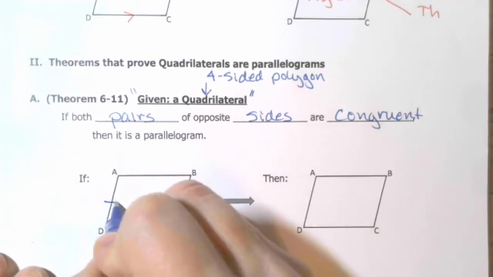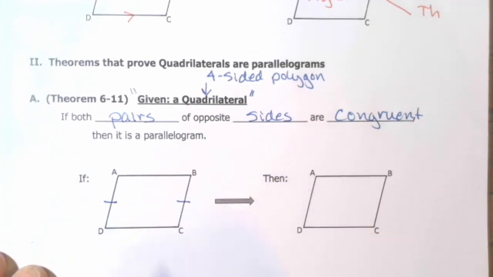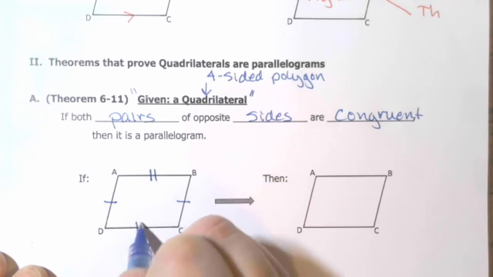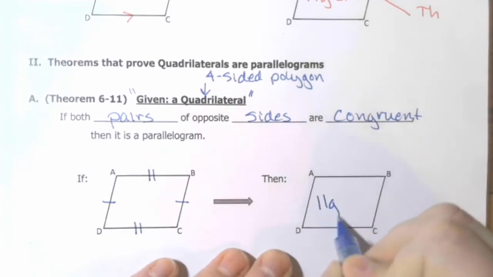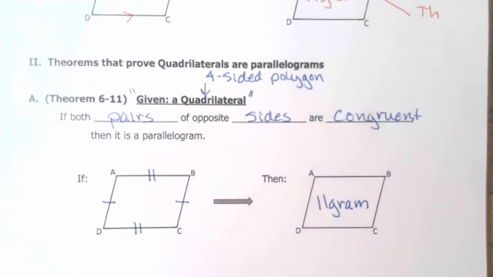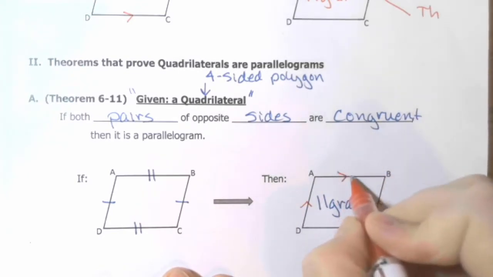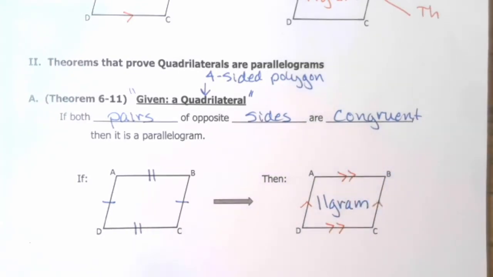So if AD and BC are congruent, AB and DC are congruent, notice they don't have to be congruent to each other, then we have a parallelogram, which means left and right sides are parallel, top and bottom sides are parallel, because that is the definition of a parallelogram. Okay, flip the page.